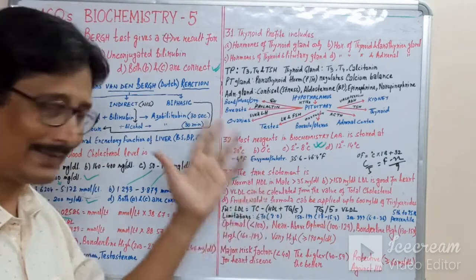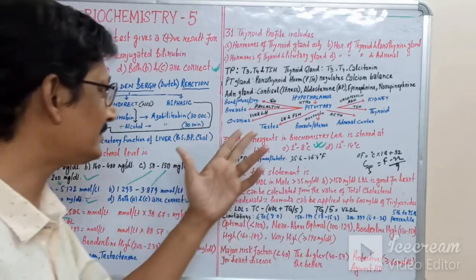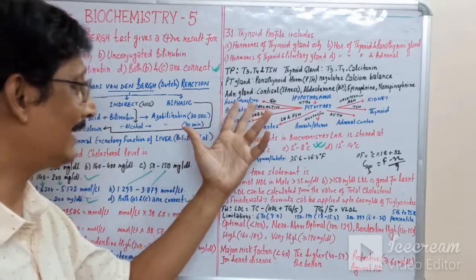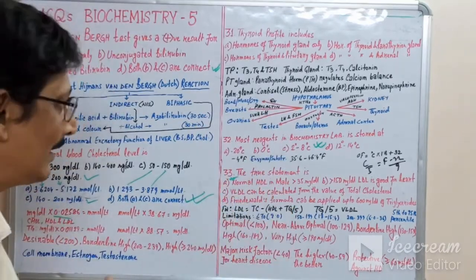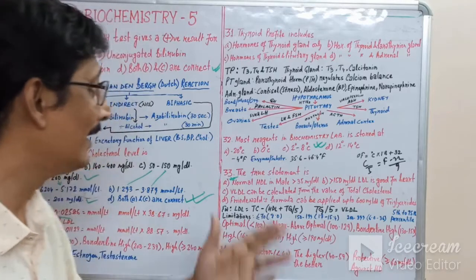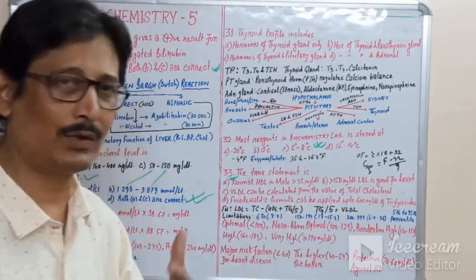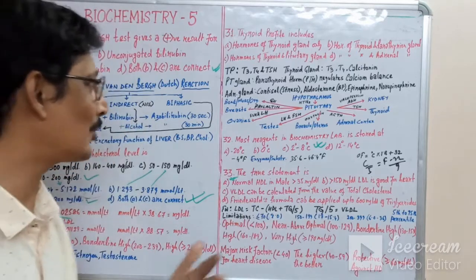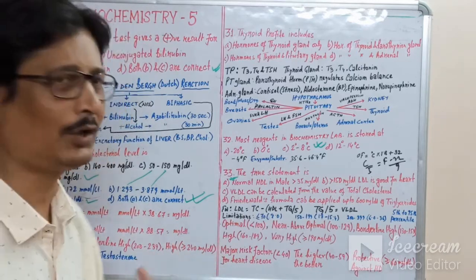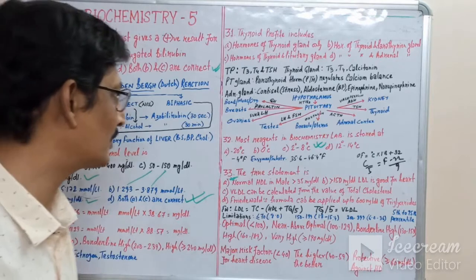The adrenal gland, above the kidney, secretes cortisol, which regulates stress, aldosterone, which regulates blood pressure, and epinephrine and norepinephrine. These are the most common, prevalent hormones of the adrenal glands.